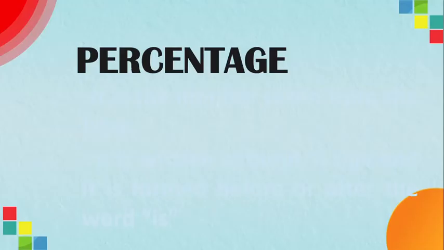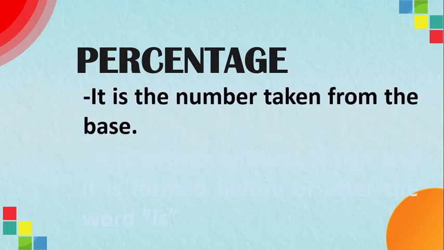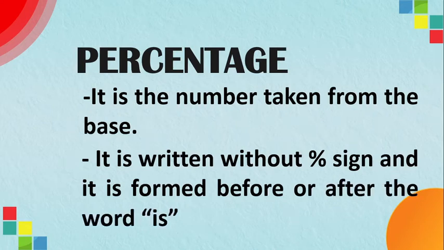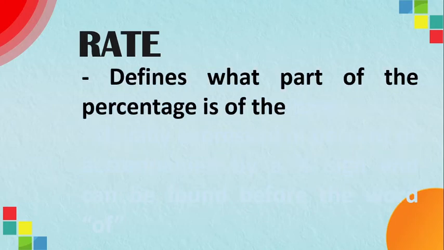What is percentage anyway? Percentage is the number taken from the whole or from the base. It is written without a percent sign or symbol, and it is found before or after the word "is". Rate defines what part the percentage is of the base.